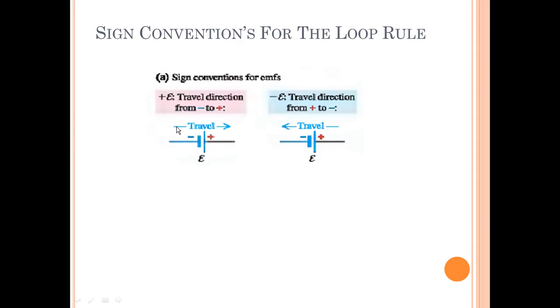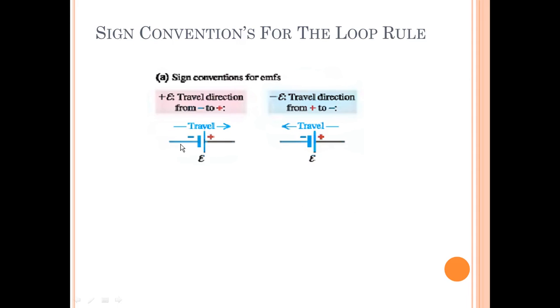So if you do this travel going from left to right, you are actually entering the negative terminal of the power source and leaving the positive terminal. So whatever the sign of the leaving terminal would be, that would be the sign of the EMF or the voltage source in our equation for the voltage loop rule.